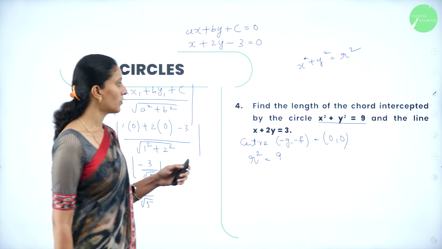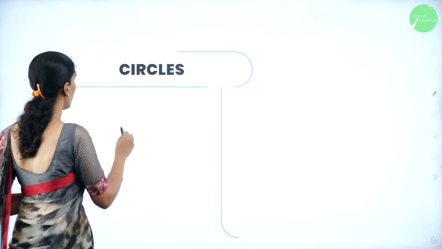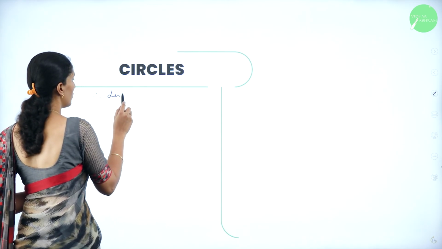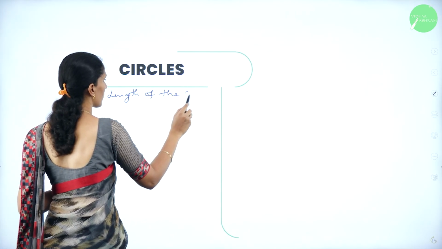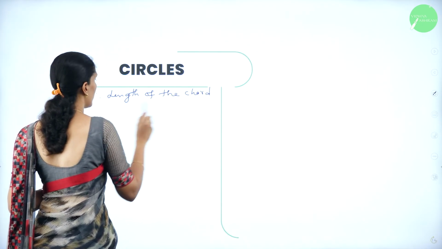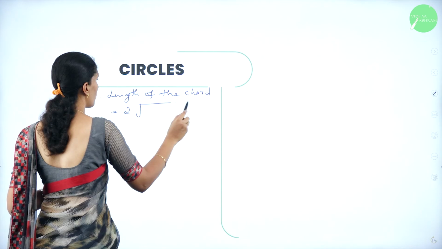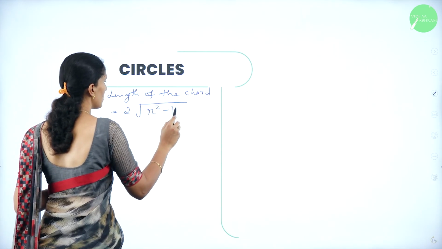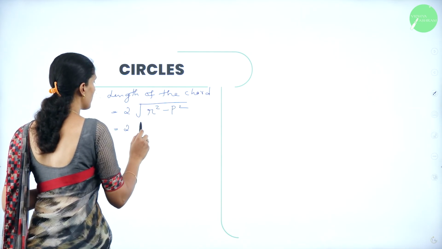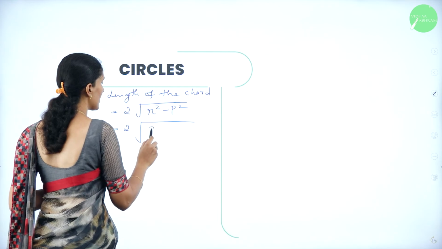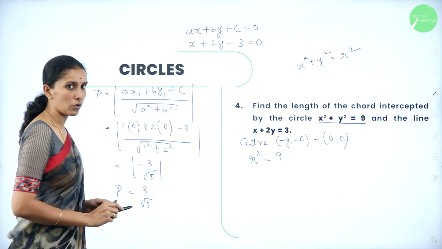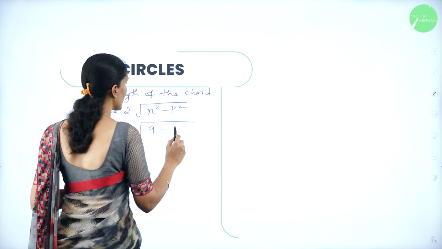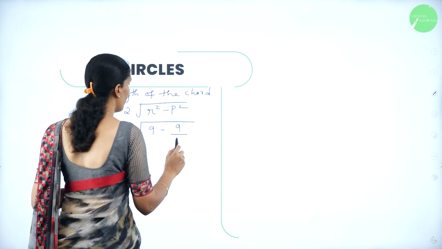Now length of the chord formula. So therefore, length of the chord is equal to 2 times square root of r square minus p square. So 2 times, r square we got as 9, p square, p is 3 by root 5. So p square is 9 divided by 5.